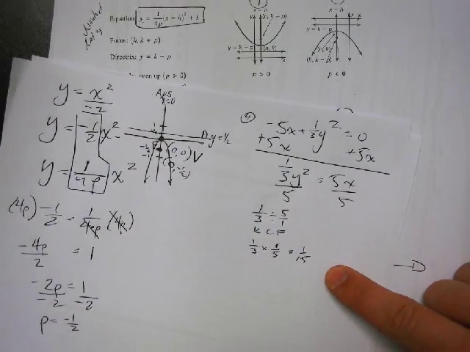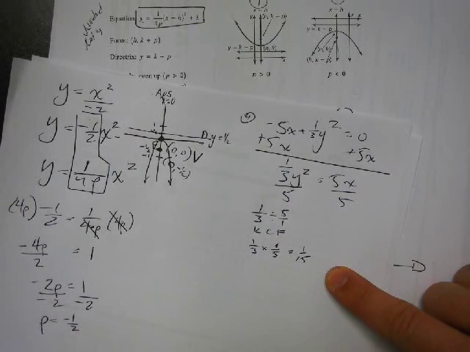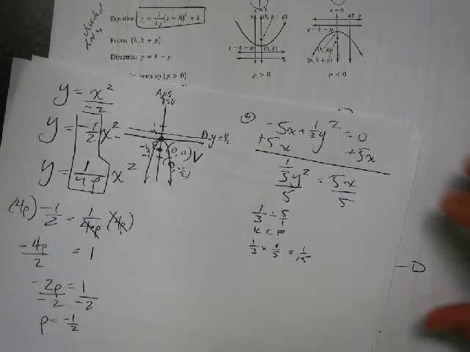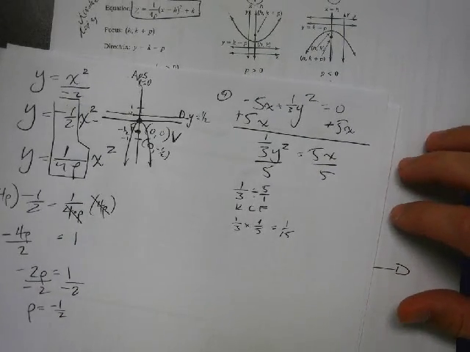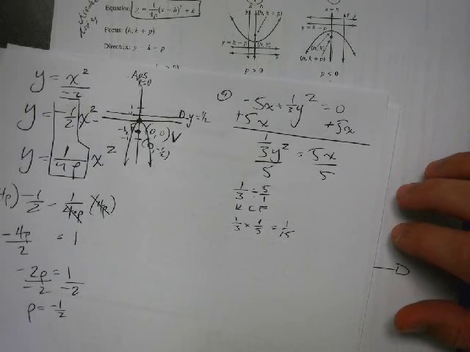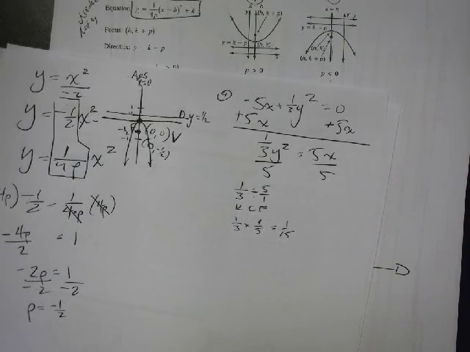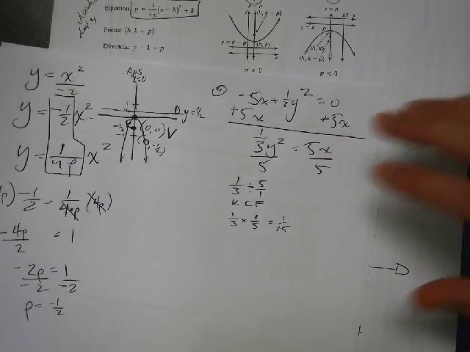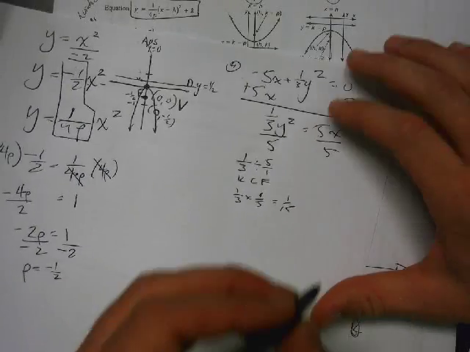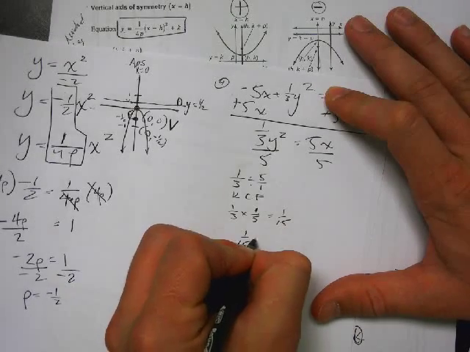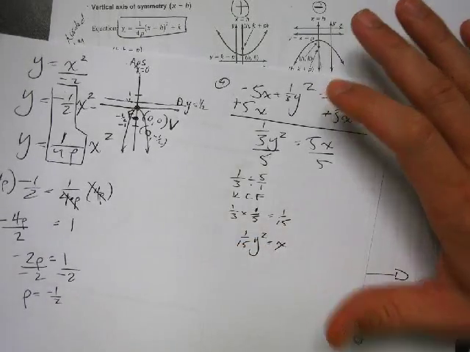And I've got 1/15. And now we'll simplify. So we've got 1/15 y squared equals x.